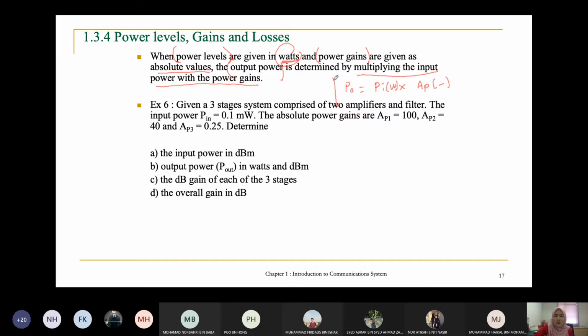Then only you can use this formula, P out equals P in multiplied with the power gain. If, for example, your P in is given in decibel, then you are required to convert from decibel to watt first, then only you can use this formula. Now let's look at an example.